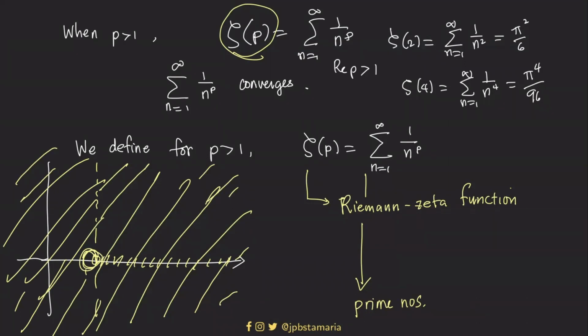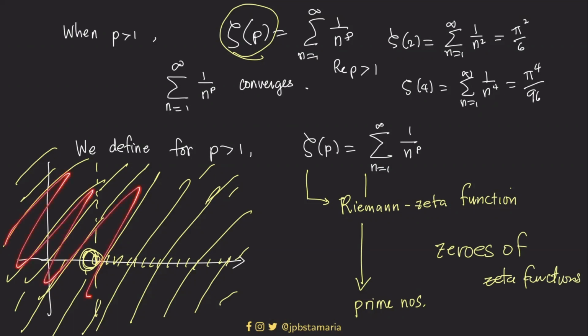And then Riemann was interested with the zeros of the Riemann zeta function. Ang isip ng zeros, saan dito sa complex plane, nagsi-zero yung value ng zeta of p. Napansin niya na merong mga ilang zeros dito sa negative real axis.